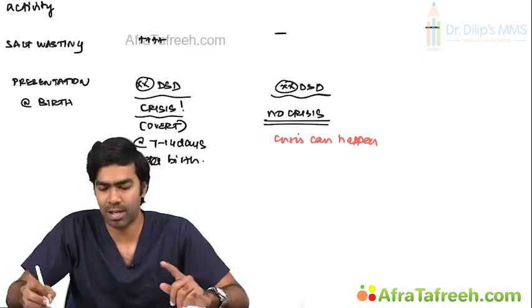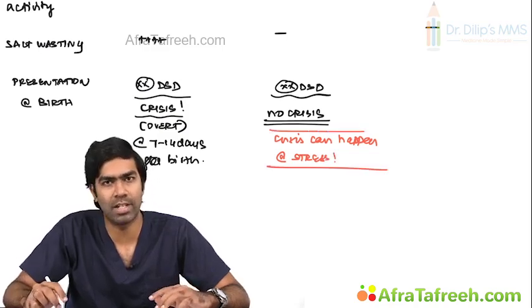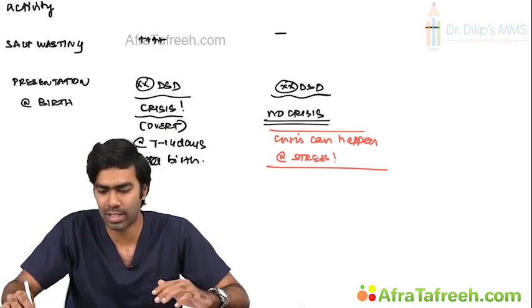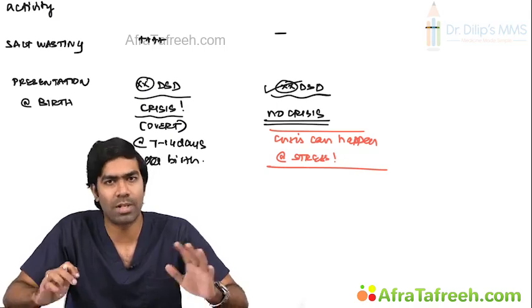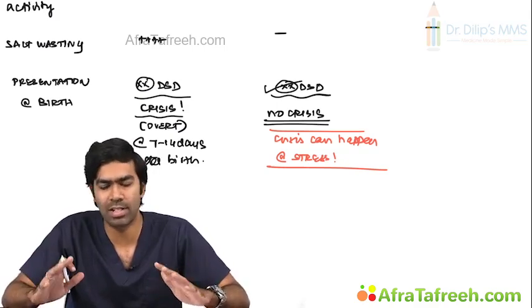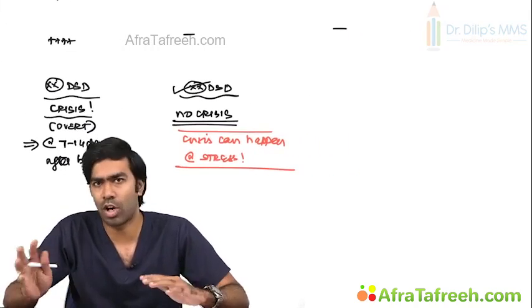So crisis can happen during stressful times, like if the patient develops neonatal sepsis or meningitis or some other stressful event. Crisis can develop in these children also, but generally it is very rare. Clear? So they only present with virilization of the female fetus, that is XX DSD. That's all.